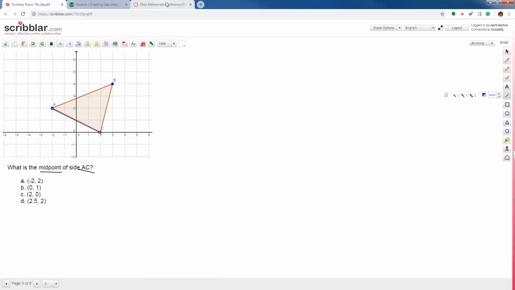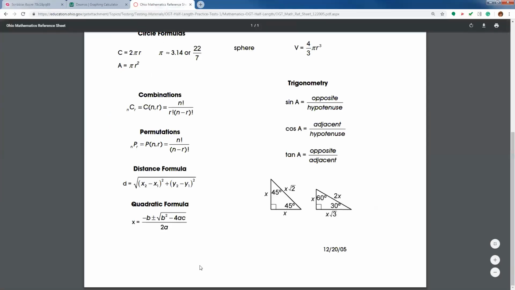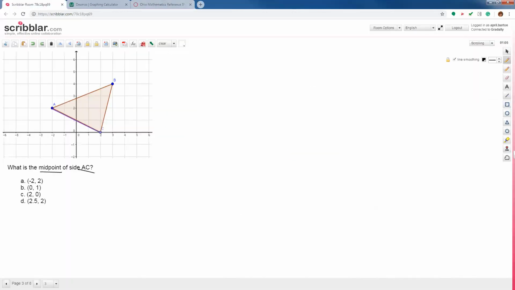Midpoint is not included on your formulas. They expect you to have midpoint memorized. When you find the midpoint, you're basically taking the average, but we have to do it twice because every coordinate has 2 points.